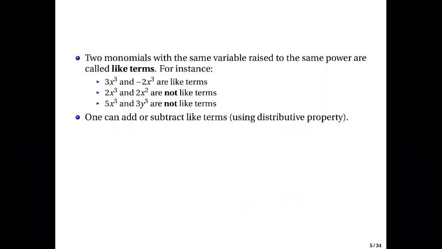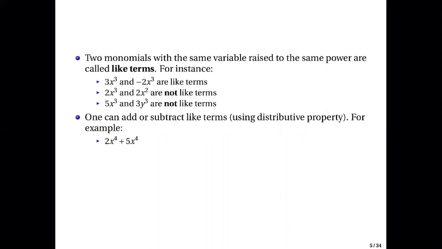So in here, for example, you have 2x to the 4 plus 5x to the 4. The variable is the same, x, and the power is the same, 4. In order to add them, all you need to do is add the coefficients.